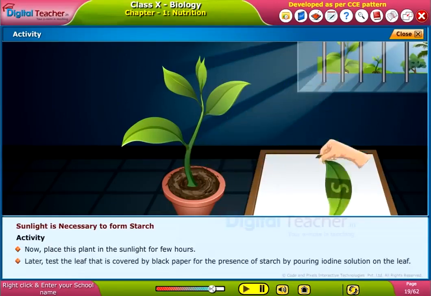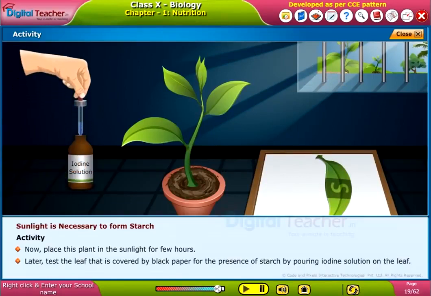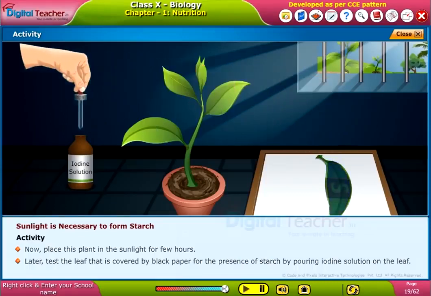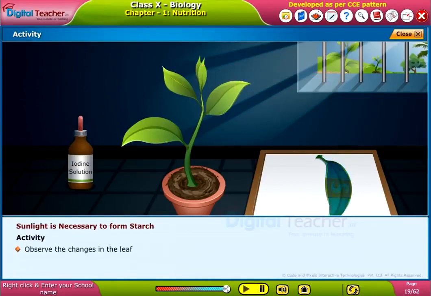Later, test the leaf that was covered by black paper for the presence of starch by pouring iodine solution on the leaf. Observe the changes in the leaf.